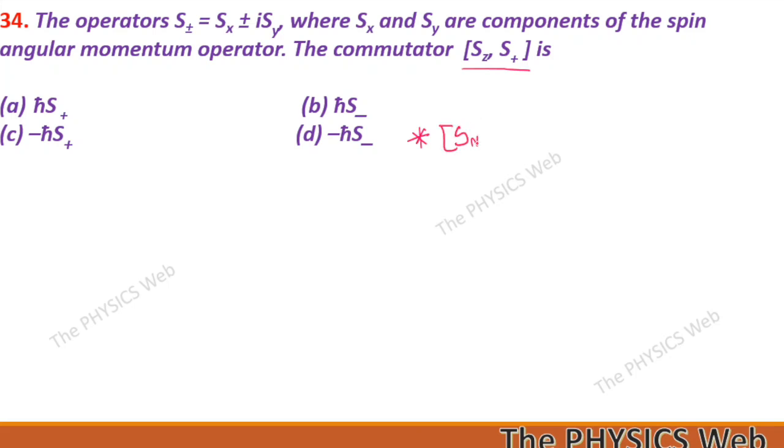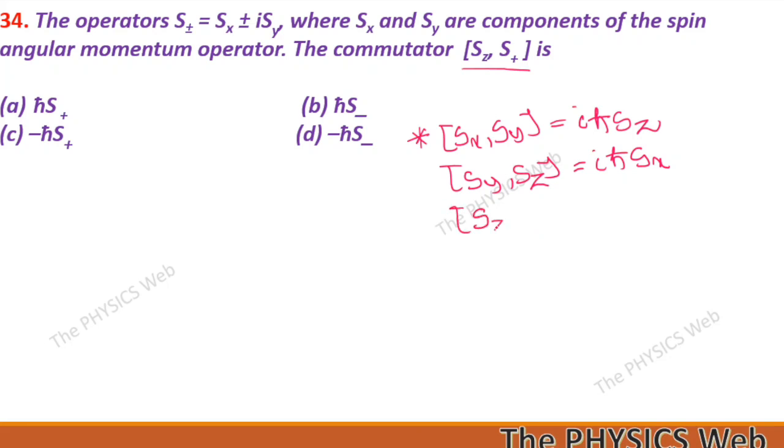So [Sx, Sy] is equal to iħSz, [Sy, Sz] equals iħSx. Similarly, the commutator of Sz and Sx gives iħSy.